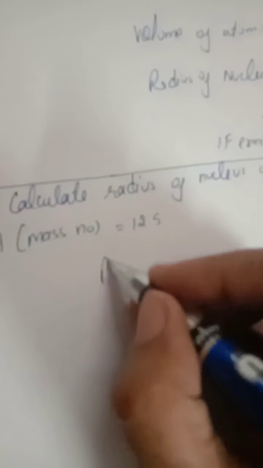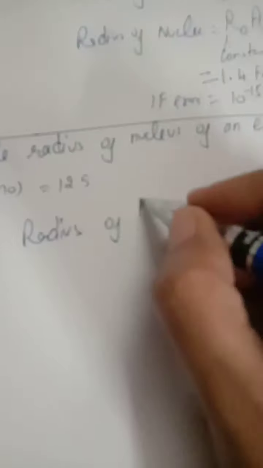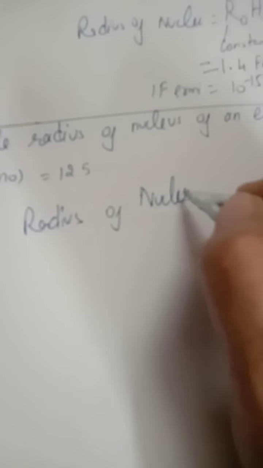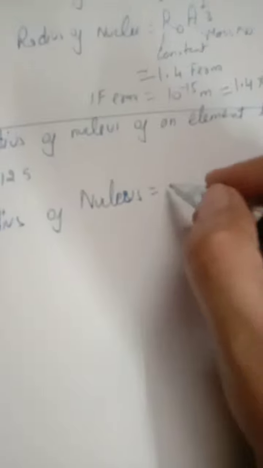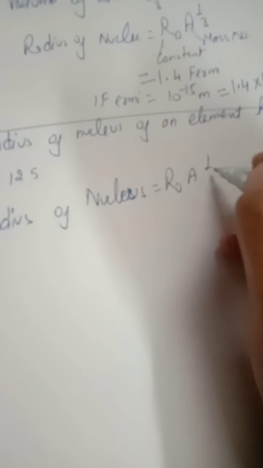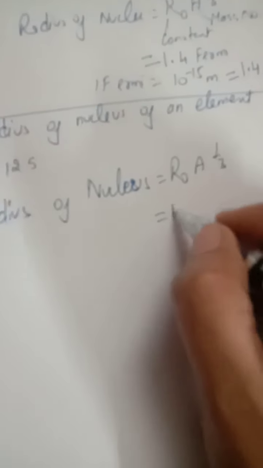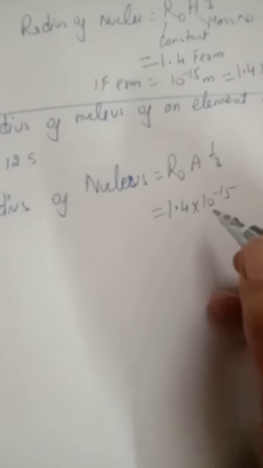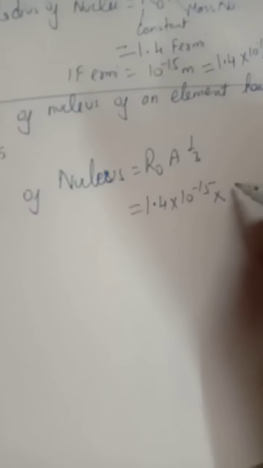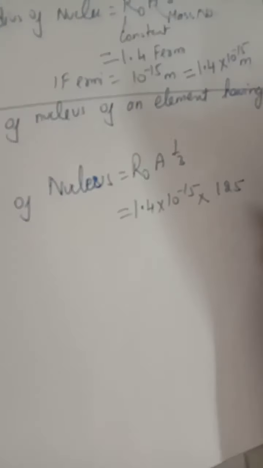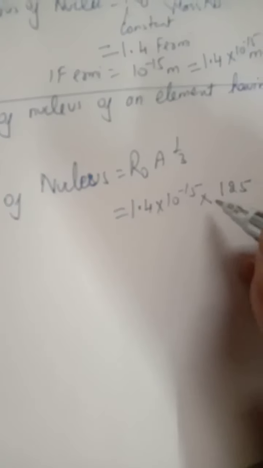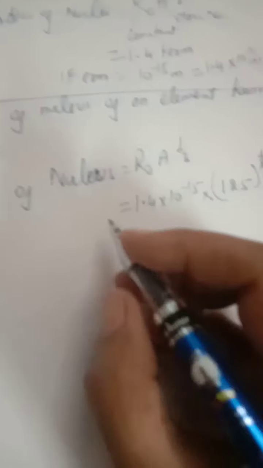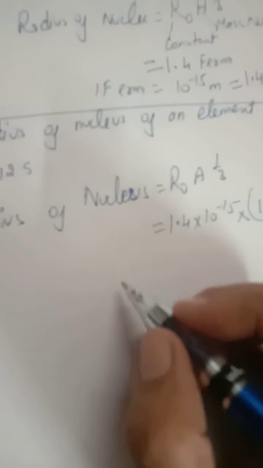So we'll solve this question: radius of nucleus is equal to r naught A raised to 1 by 3, which is equal to 1.4 into 10 raised to power minus 15 into 125 raised to 1 by 3.